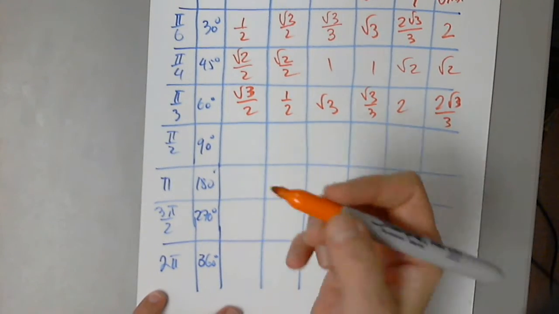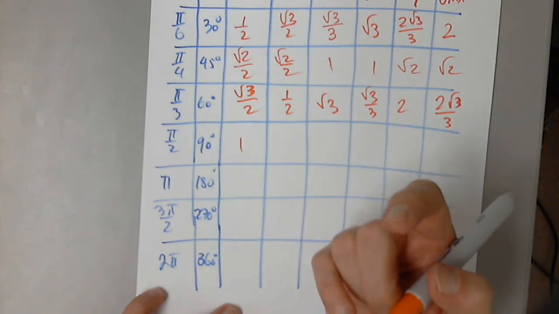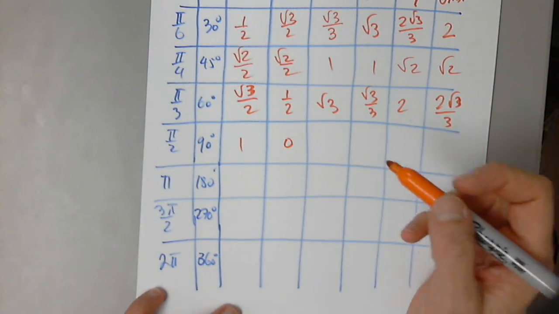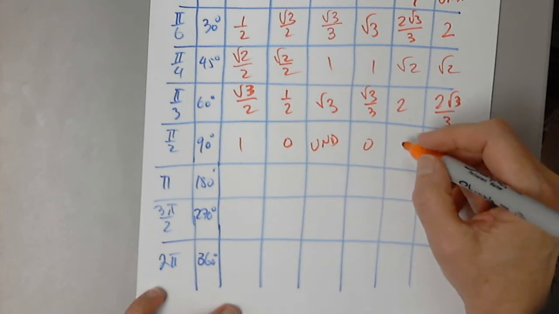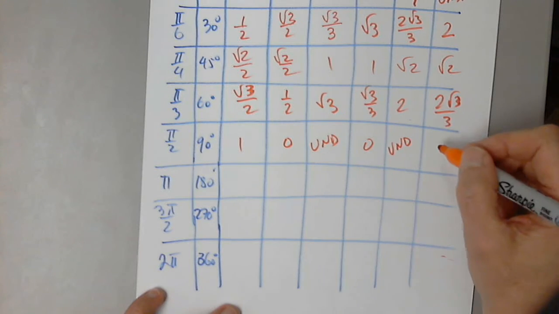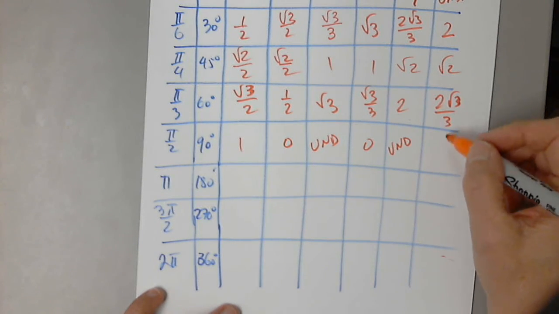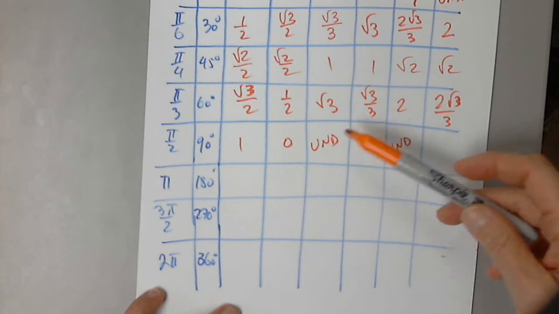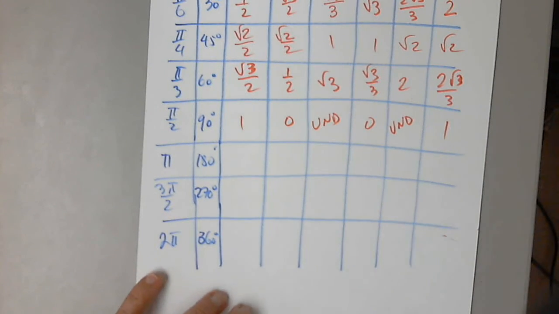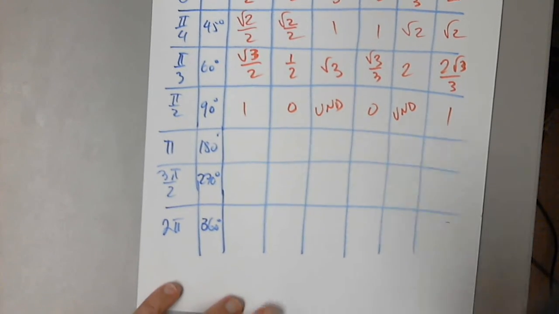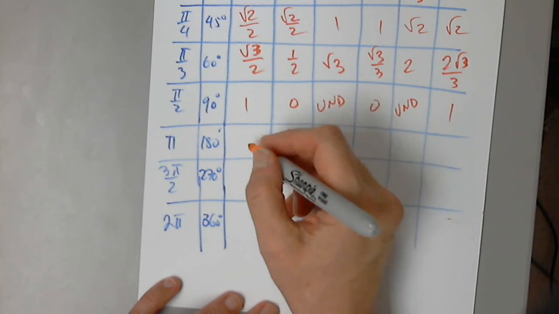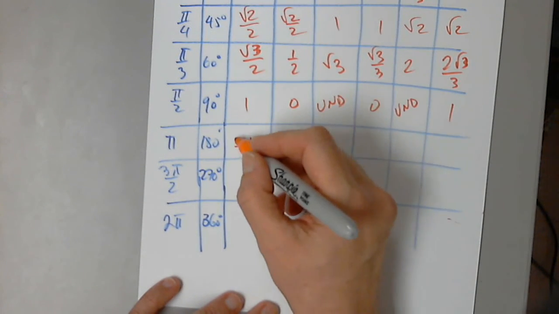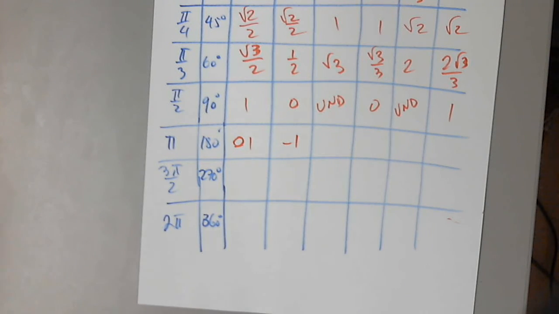For 90, you already told me the sine is 1, cosine is 0. So then tangent is undefined, and this is 0, and secant is undefined, and cosecant is 1 over sine, which is 1. For 180, you already told me sine is 0, cosine is negative 1.